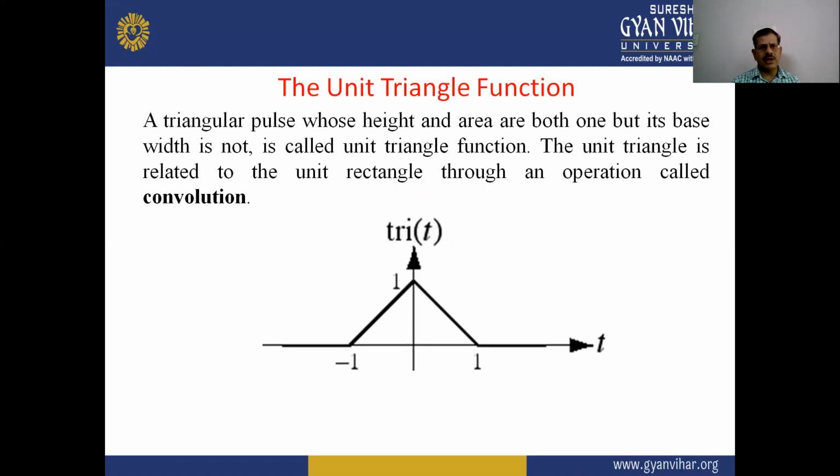A rectangular pulse whose height and area are both one, whatever its base width, is called the unit triangle function. The unit triangle is related to the unit rectangle through an operation called convolution. So this is the unit triangle function.